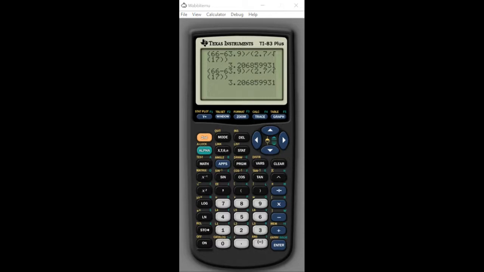And since we're trying to find the probability that z is less than 3.21, we're looking for the area again all the way to the left. Okay. So again, if I were to do this on my calculator, I'm going to write normal CDF, and since I'm all the way over here to the left, this is going to be negative 9999, and this one here is going to be 3.21.